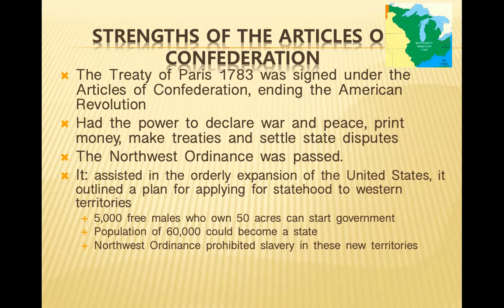If that area's population was over 60,000, it could then become a state. But here's also a key. The Northwest Ordinance prohibited slavery in these new territories. So what did that do? It limited slavery to only the southern states.